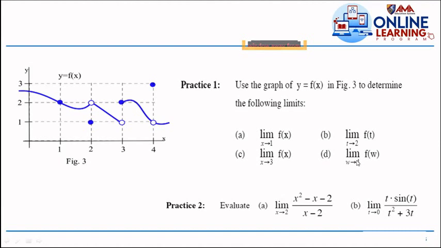Okay? For the last one, the limit of the function of w as w approaches 4. So your answer is 2 or 4. Project it upward. That means it hits a function, only one function.